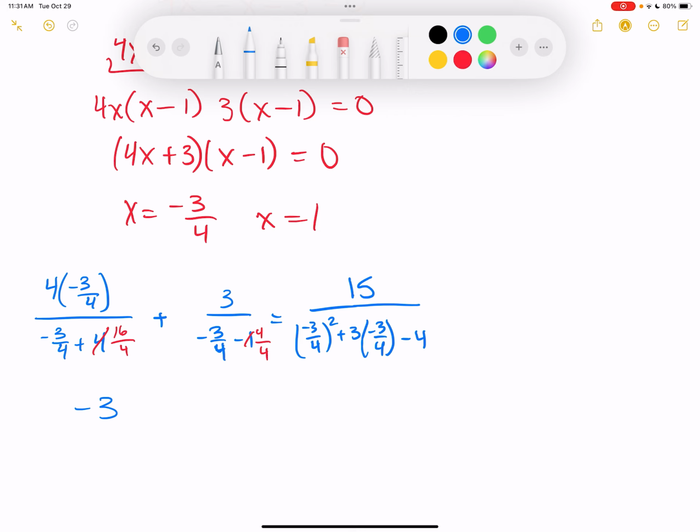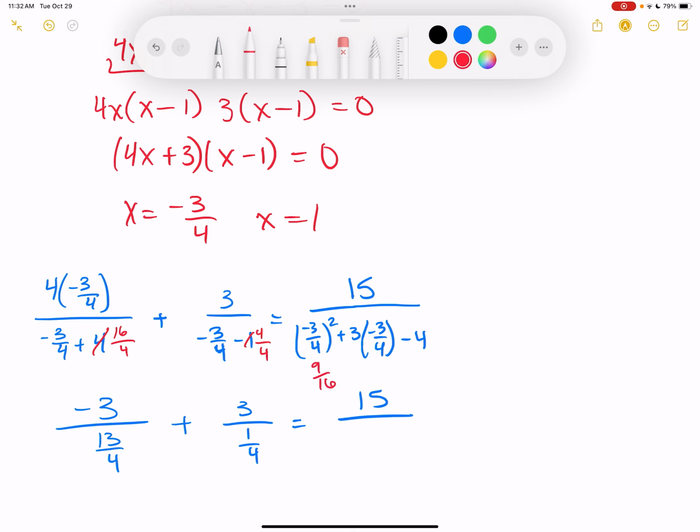So negative 3 over 13 over 4 plus 3 over 1/4 equals 15 over, this will be 9 over 16, 9 over 4. And then 16 over 4.